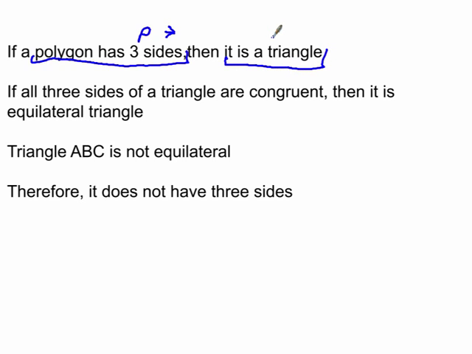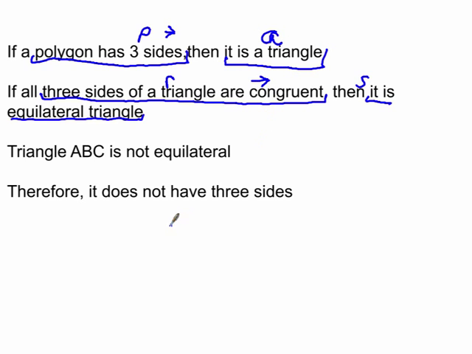There's our Q. If all three sides of a triangle are congruent, that's not P or Q, so let's call that R. Then it is an equilateral triangle. Well, that's a new statement too, so that's S. So I've got R implies S.